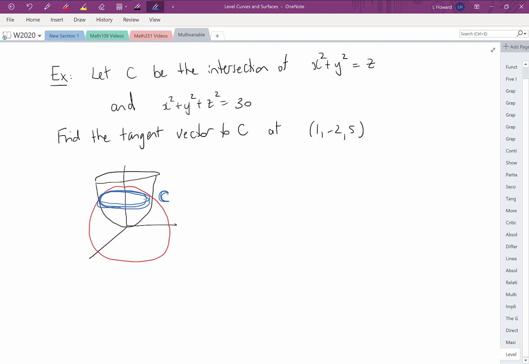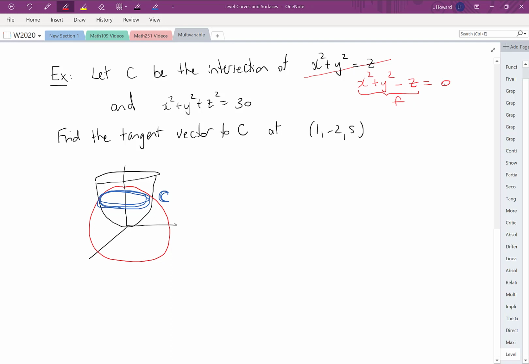What's important is that we have level curves or level surfaces in this context. That means you want to have a constant on the right side of each equation. So we would need to take this first equation and rewrite it as x squared plus y squared minus z equals 0. Then we could call this expression little f.